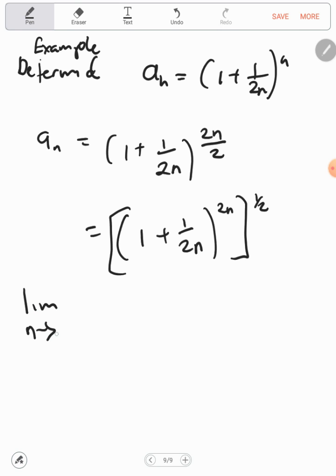The limit as n goes to infinity of a_n will just be equal to the limit as n goes to infinity of this function.